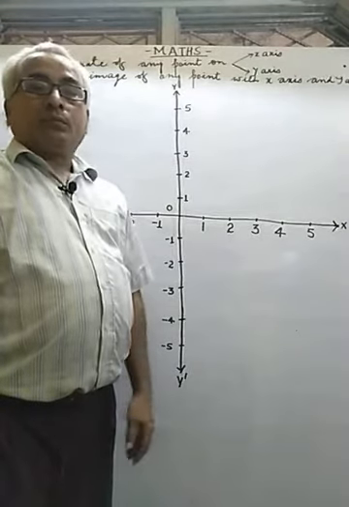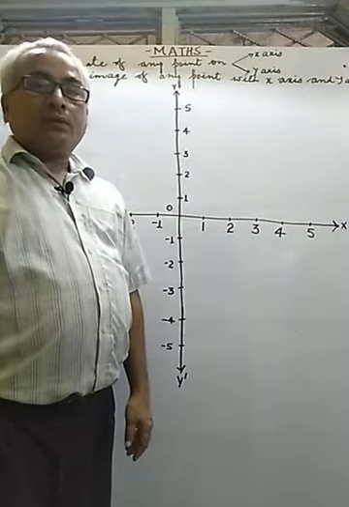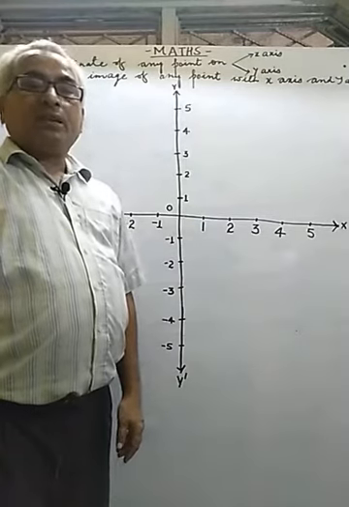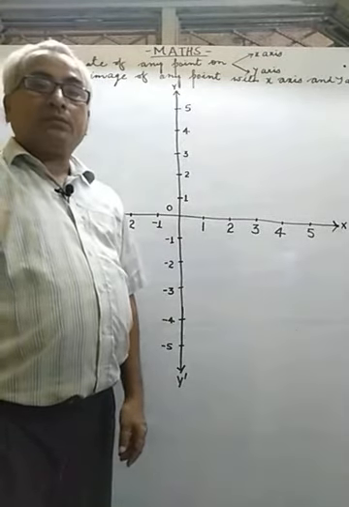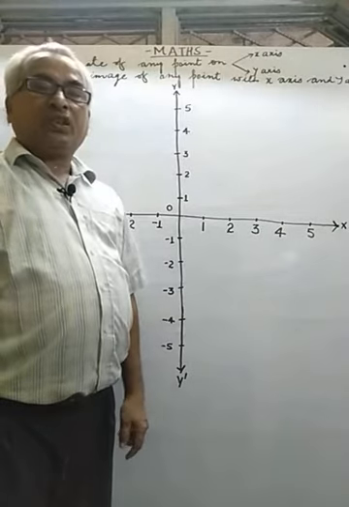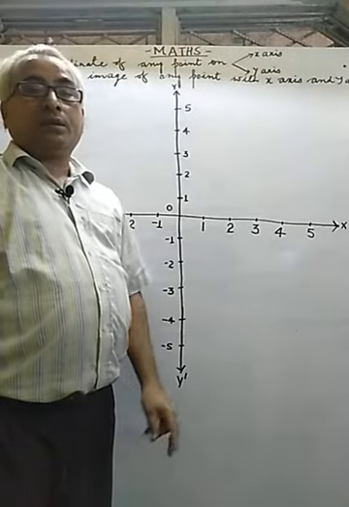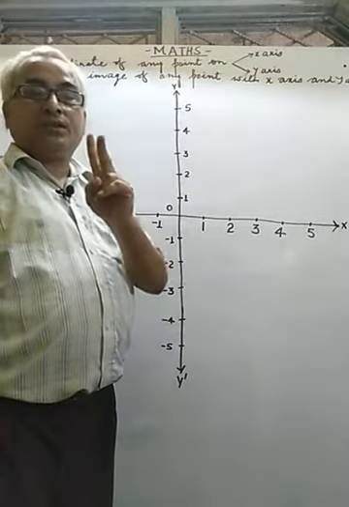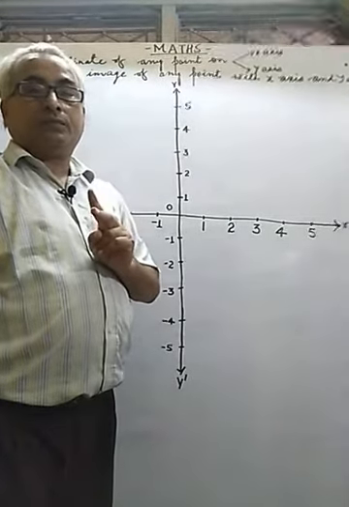Next point of discussion is what is the mirror image of any point with respect to the x-axis and with respect to the y-axis. Now, two points of discussion are there in today's lecture.